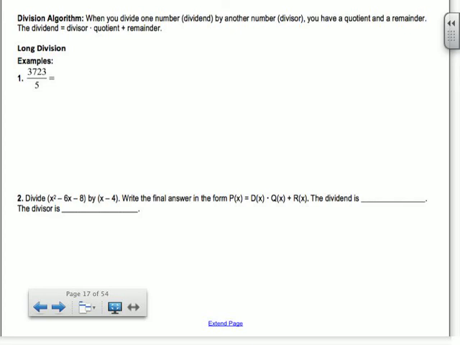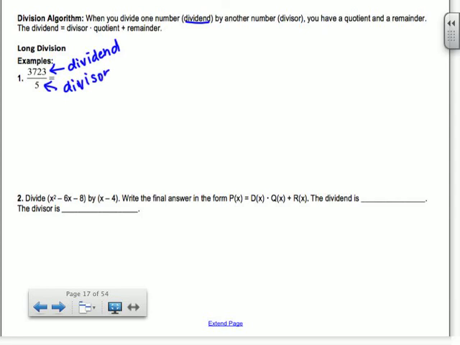Okay, so the division algorithm says when you divide one number, which we call the dividend, by another number, the divisor, the dividend is on the top. Oops, dividend. The divisor's on the bottom. I keep misspelling divisor.